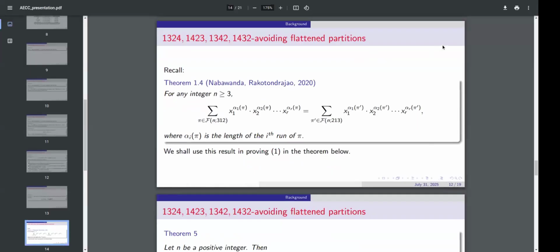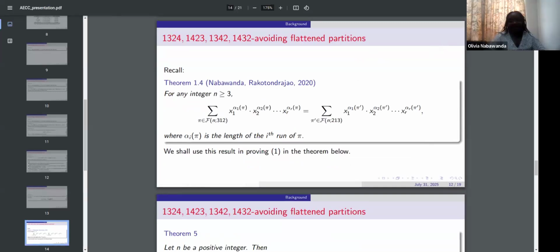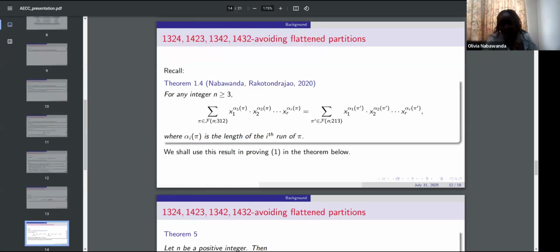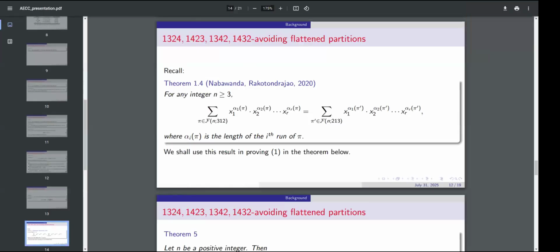But you're muted now, Olivia. I think she's muted. Let me try to ask. Okay, we're good. So are you now on page 12? Yes, you can see page 12.